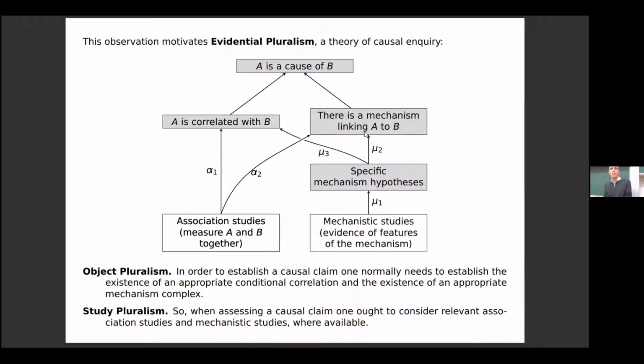But we can confirm a linking mechanism much more directly by hypothesizing features of the mechanism and carrying out studies that look for these features: entities, activities, intermediary variables, organizational features of the mechanism, and so on. So the second part of evidential pluralism is study pluralism. When assessing a causal claim, we need to consider not only association studies, but also mechanistic studies where available.